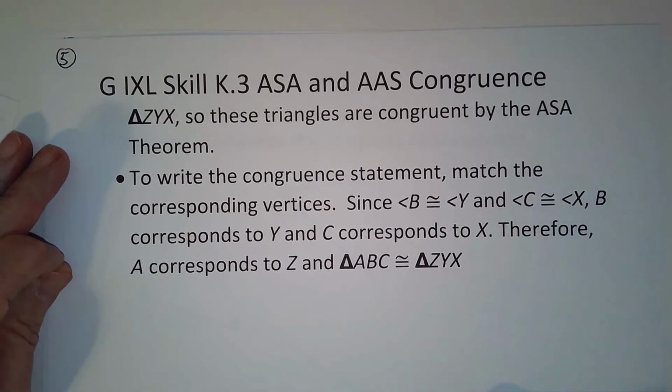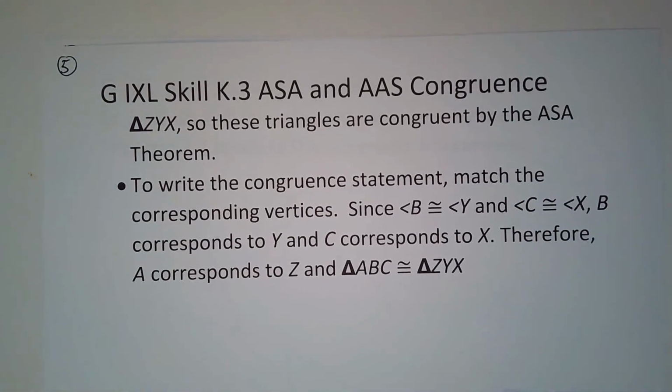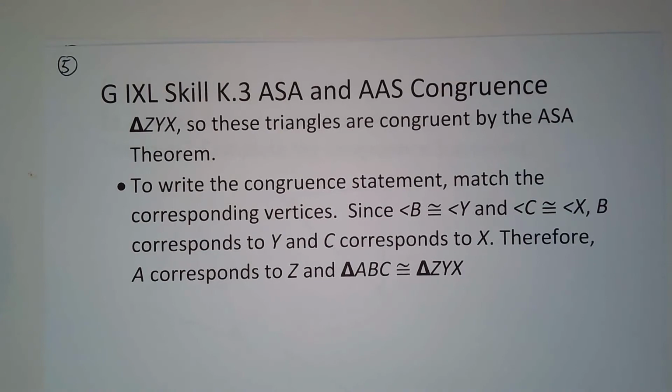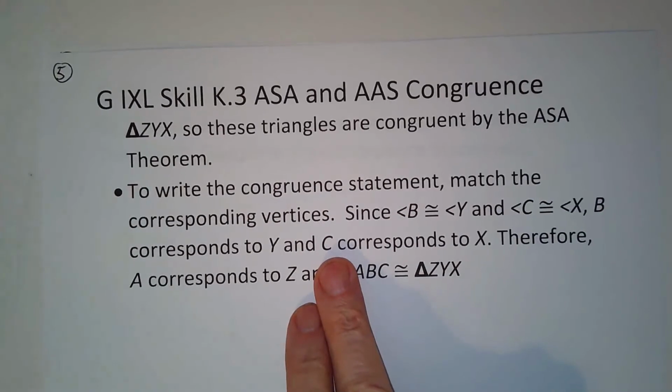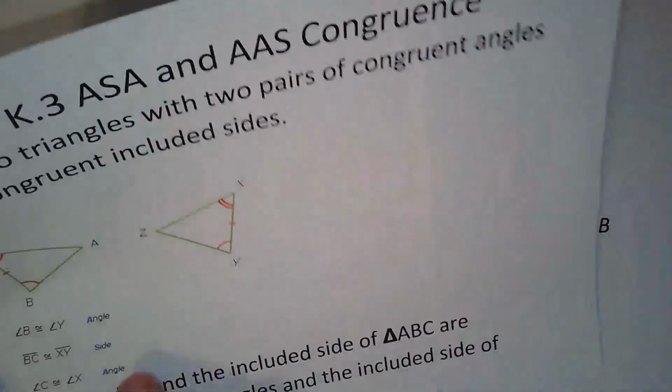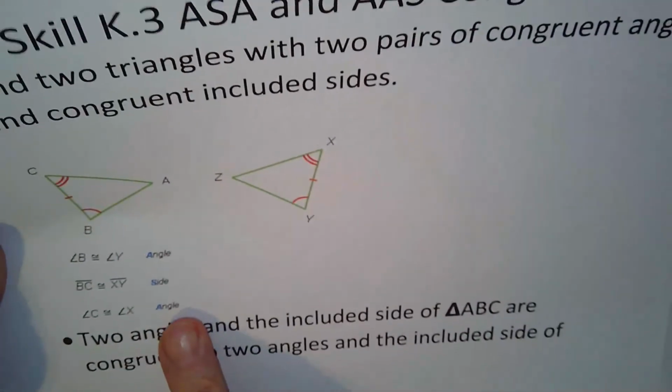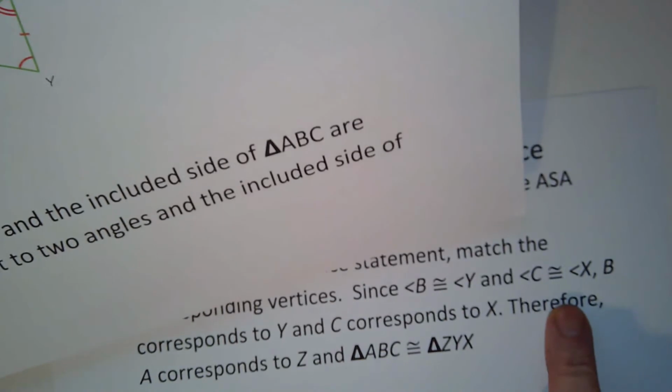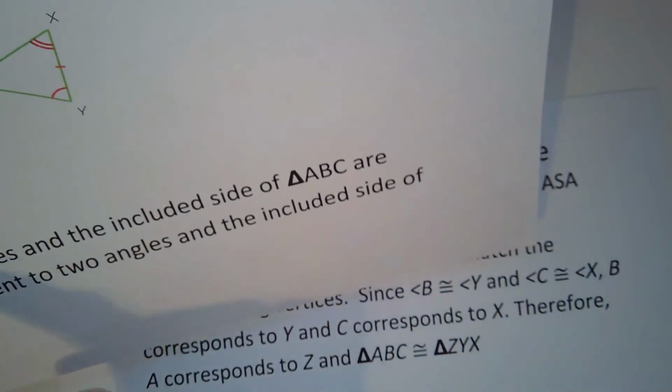Okay? All right. So to write the congruent statement, you've got to match the corresponding vertices. So they're just retelling you what you visualize here. They say, since angle B is congruent to angle Y, and angle C is congruent to angle X, let me go back and forth so you can see that better.